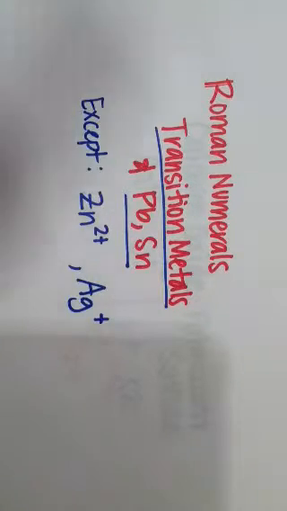So let's look at a few of these, for instance. All right, so let's say we have, let's do iron. So for instance, if we're starting off with naming these guys, and we have FeO.